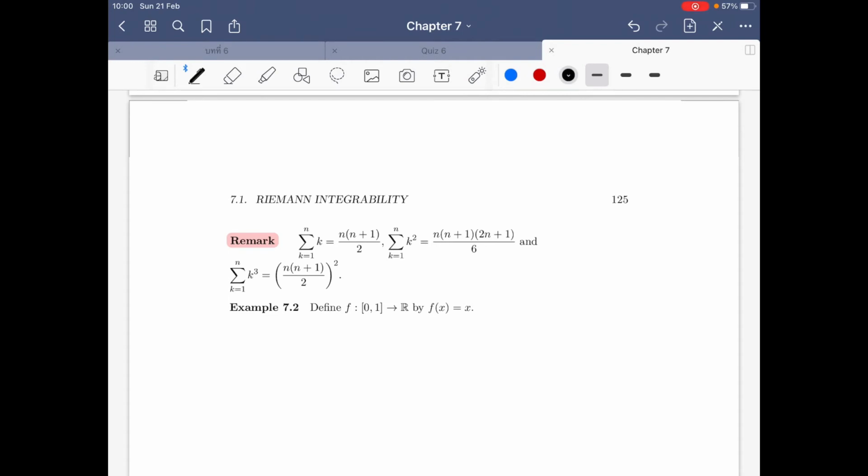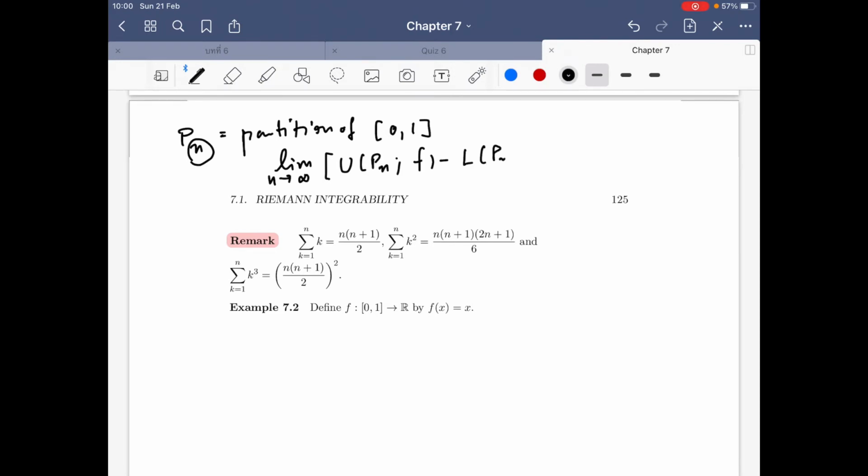By the corollary, it means that we are going to define a partition of the interval from 0 to 1, which depends on n, such that the limit as n goes to infinity of the upper sum subtracted by the lower sum for this partition equals 0.